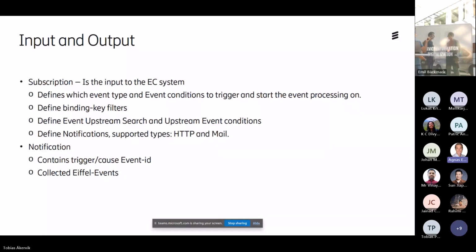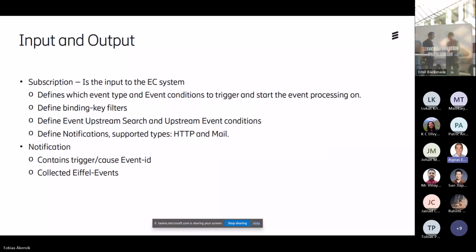And you can optionally define upstream search with event conditions. You can also just have an upstream search without conditions, if you just match on trigger events and always want to get upstream events and skip event conditions. But often you want to do some matching against the data you get from the upstream search.